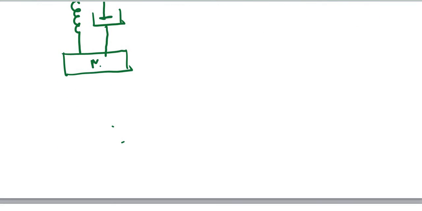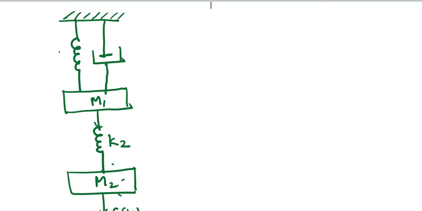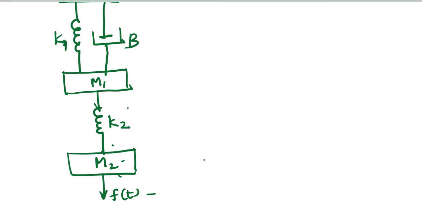Then there is a spring. There is mass M2 acted upon by a force F of t. This is K2 and this is K1. This is B. So this is the mechanical system in question for us.